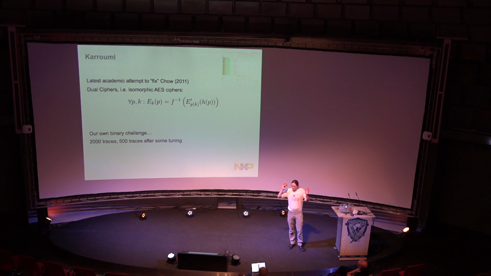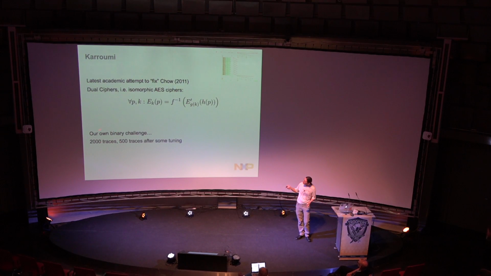By chance, because it's again a paper, and that's a very big disadvantage of my attack, I can't break papers. I need a binary. I need the real stuff. So hopefully someone did a thesis and broke Karroumi, and was kind enough to put some source code with a Karroumi implementation. So we used the implementation to make our own little challenge, and we broke our own challenge.